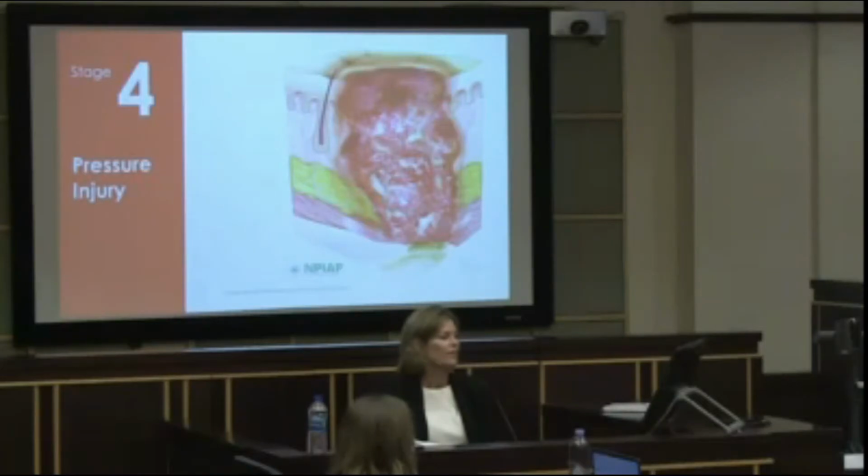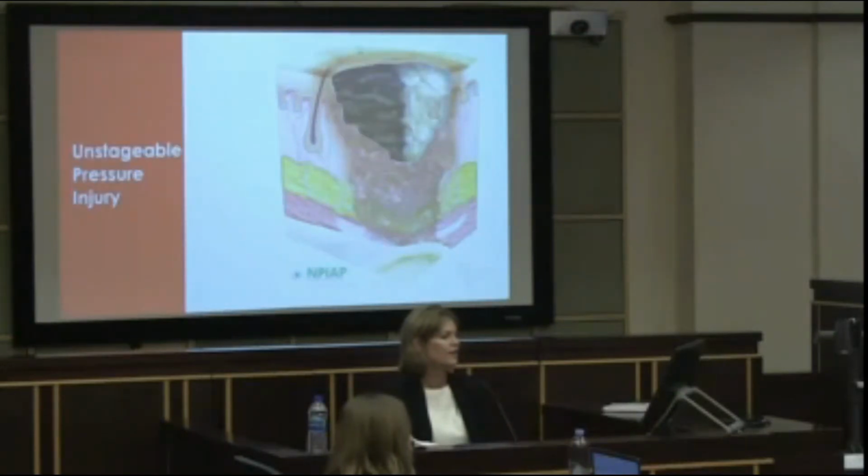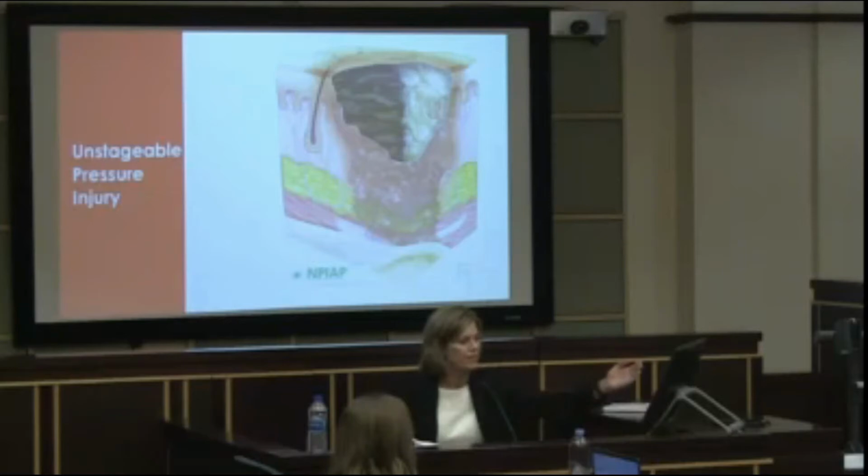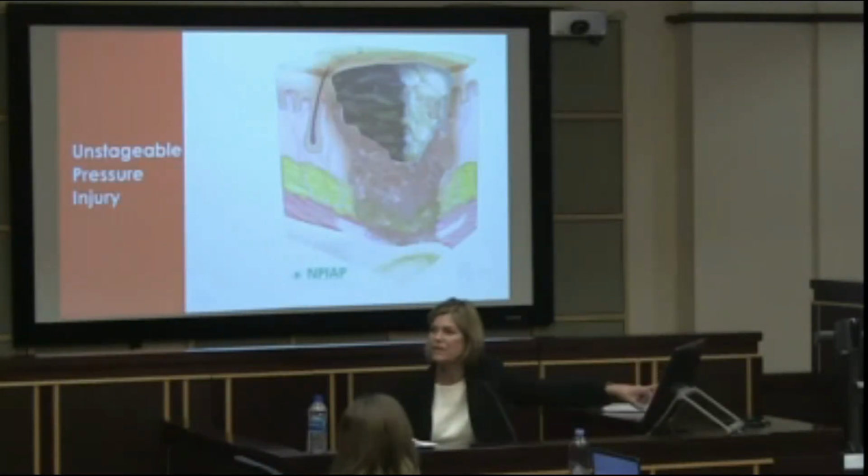Is stage 4 the most severe? It's the most severe pressure ulcer. Yes, pressure wound. Okay, how about this one? What we consider an unstageable wound is basically a wound that has scab formation at the top, as this is demonstrating.